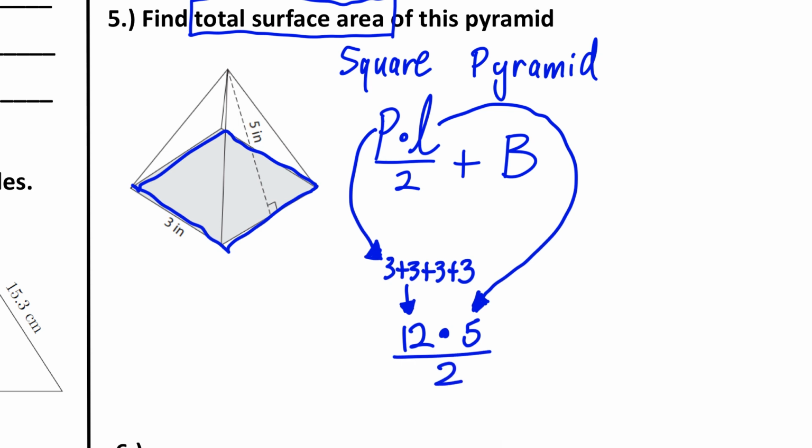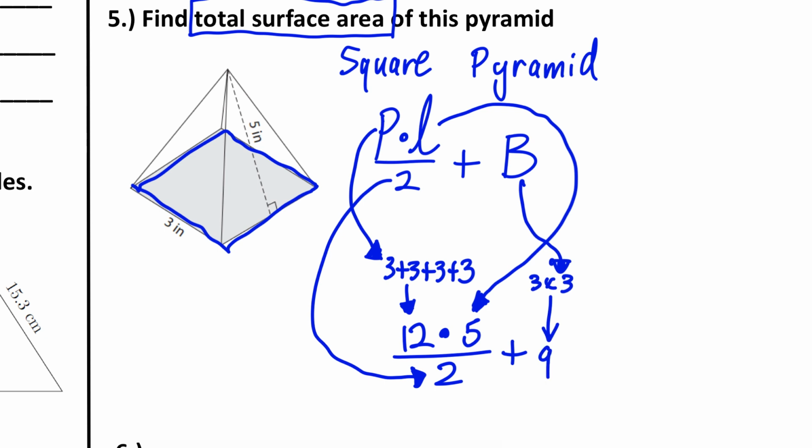It's divided by 2, plus what does the capital B stand for? Area of the base. So how do we find the area of this base? Just length times what? 3 times 3, which is 9.